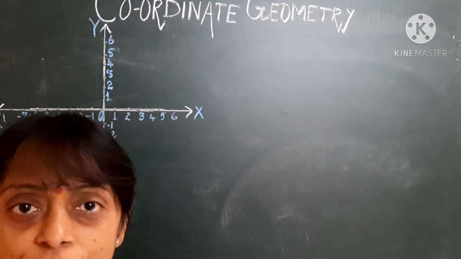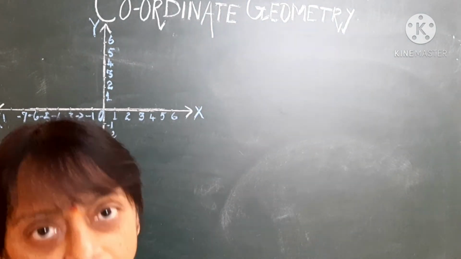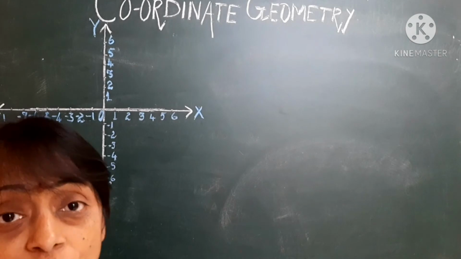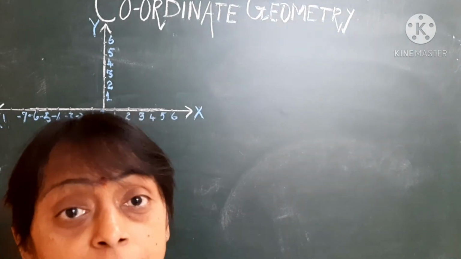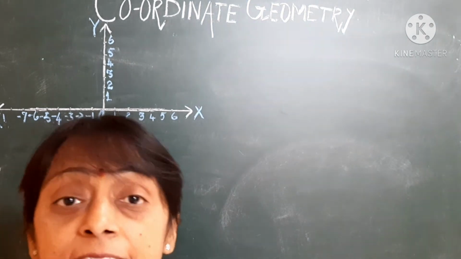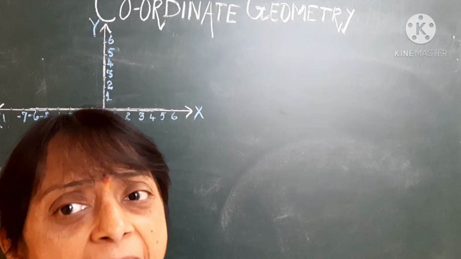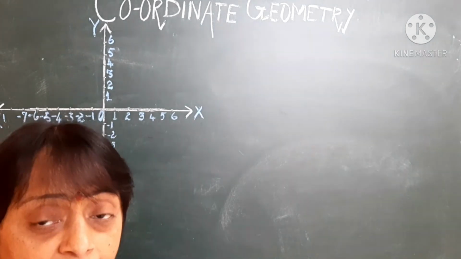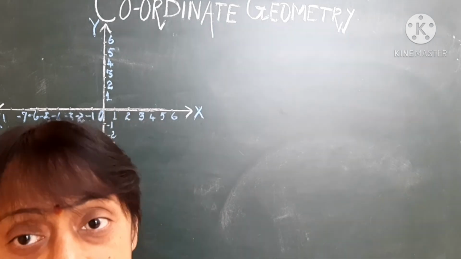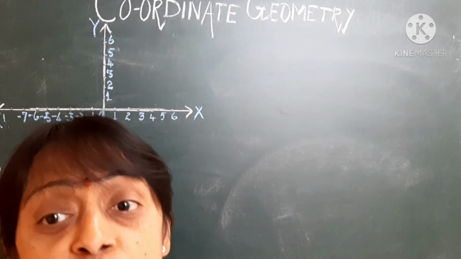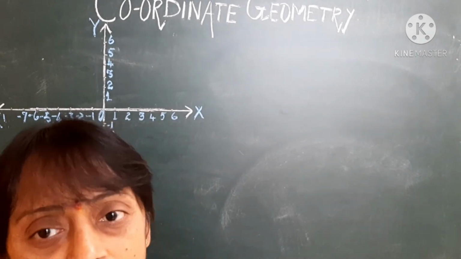So children, to begin with, Standard 10th, Chapter number 5, Coordinate Geometry. First, we know what is geometry, children. It is the branch of maths concerned with the properties and relations of points, lines, surfaces and different shapes, solids and higher dimensional analogues.